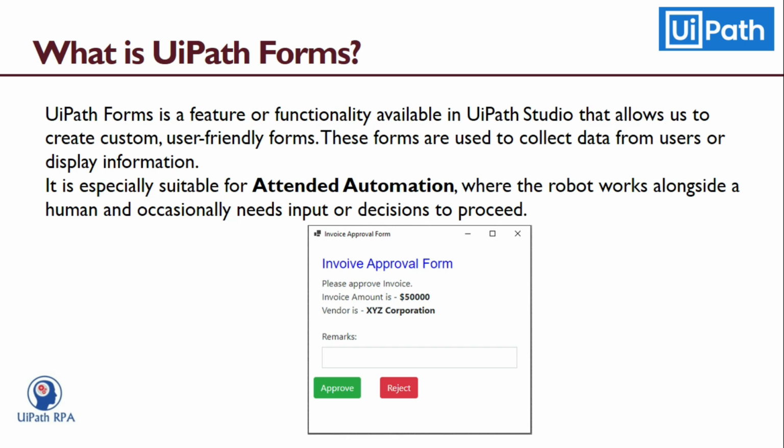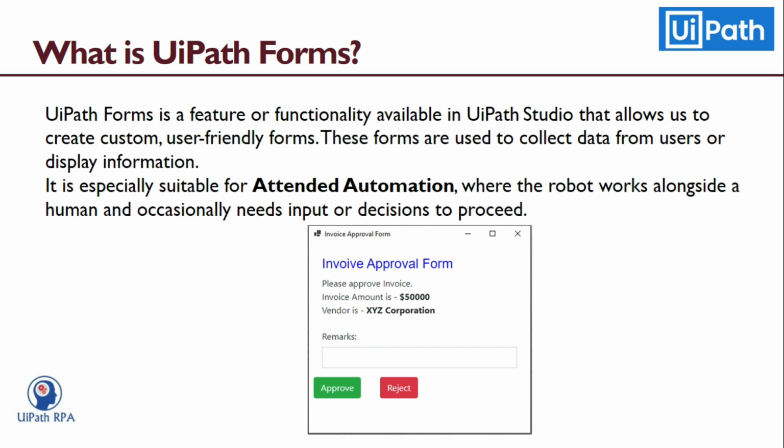So basically, UiPath form is a feature, a functionality you can say, in UiPath Studio that lets you create interactive windows like a small app or pop-up forms. You can say like Google Forms, where a user can enter information, make decisions, or approve something during an automation process. You can think of a UiPath form like a small form you might see on a website or app.